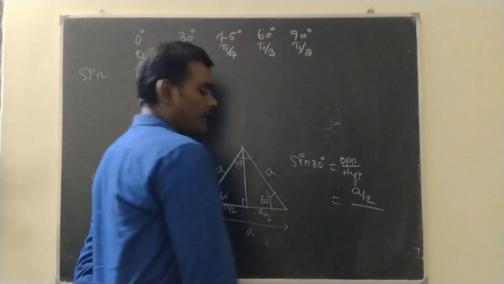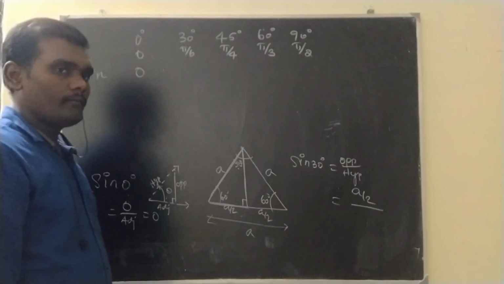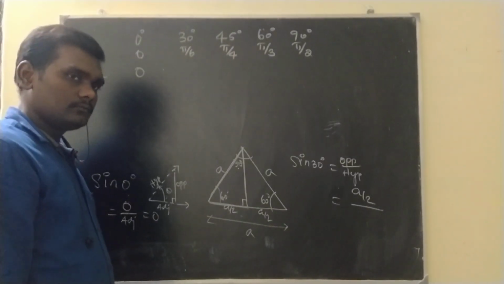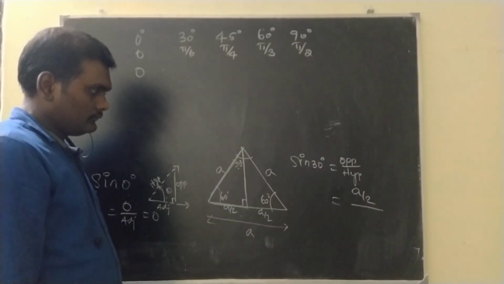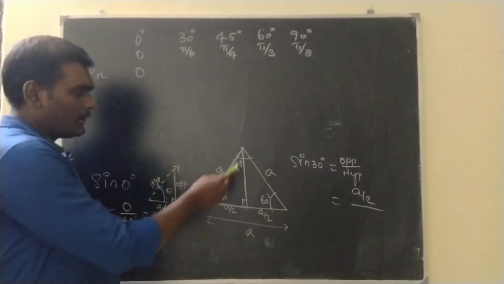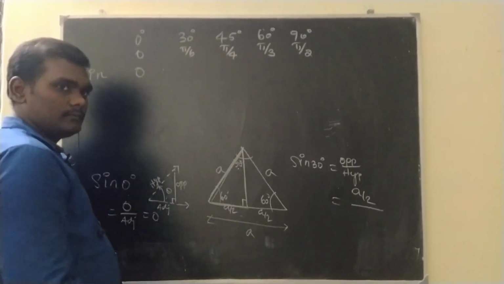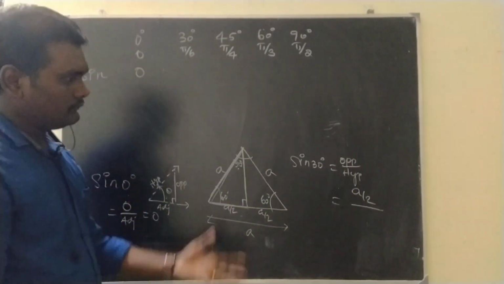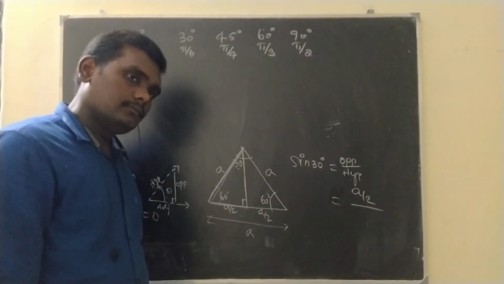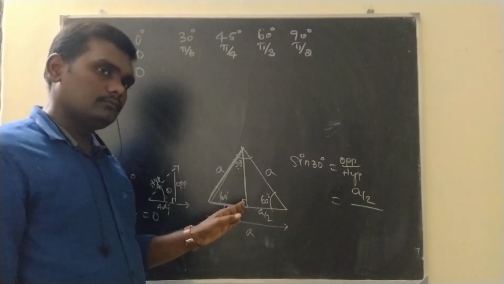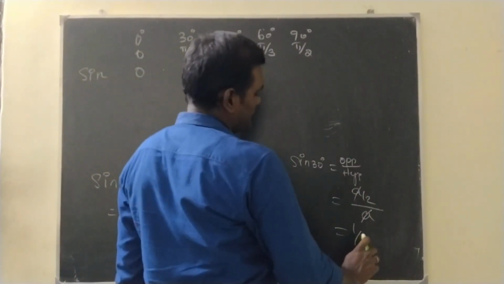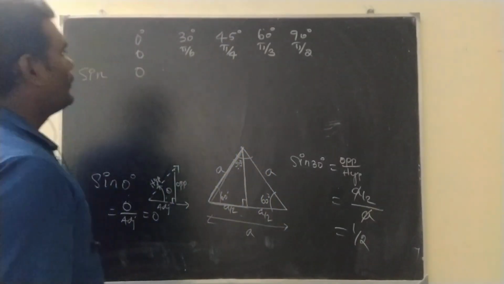The hypotenuse is A. If you simplify these two, what you will get? Sine 30 degree is 1 by 2.